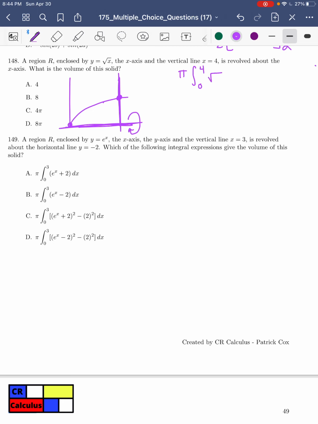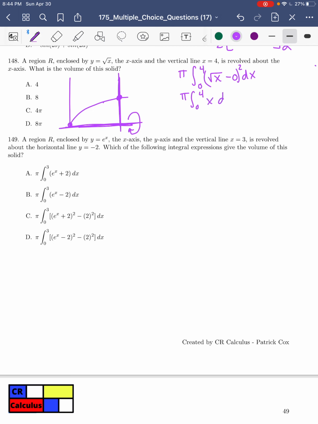Then top minus bottom, so square root of x minus 0, because our bottom line is the x-axis, dx. And then we have to square this, because it's the radius squared. So really I'm left with pi from 0 to 4.